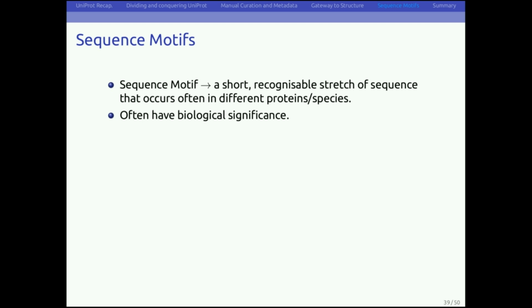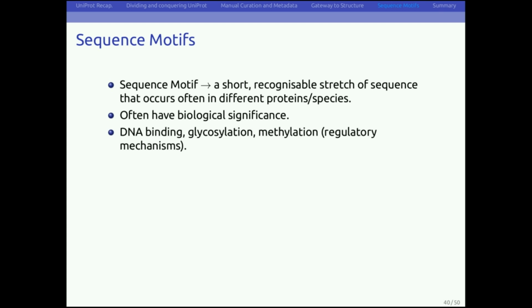And indeed, they do have certain functions. So short, recognizable stretches of sequences are not just recognizable to you and me, but they're very recognizable to other proteins that perhaps participate in DNA binding. Perhaps there are sites for glycosylation. Maybe there are sites for methylation, different modifications that the protein goes through once it has been translated in order to activate it or in order to suppress it.